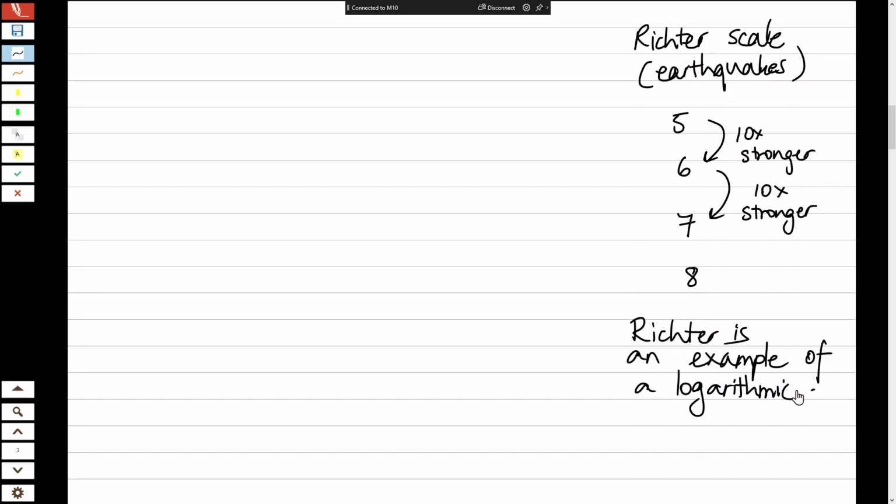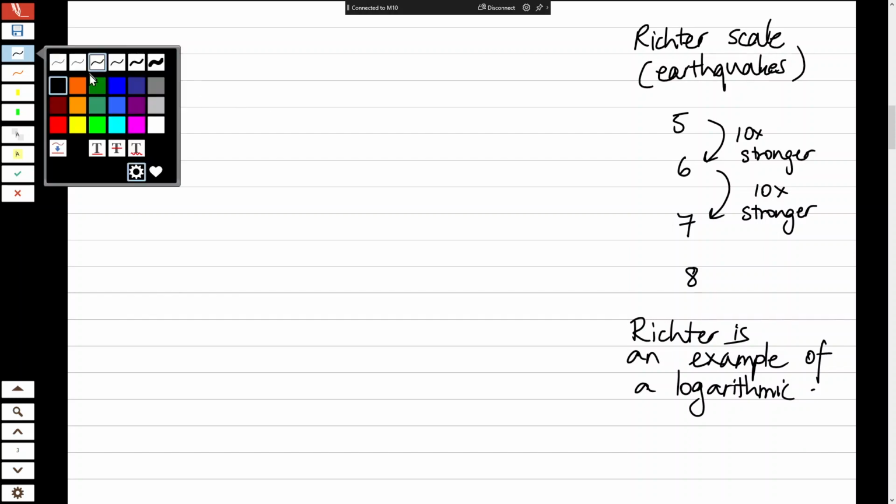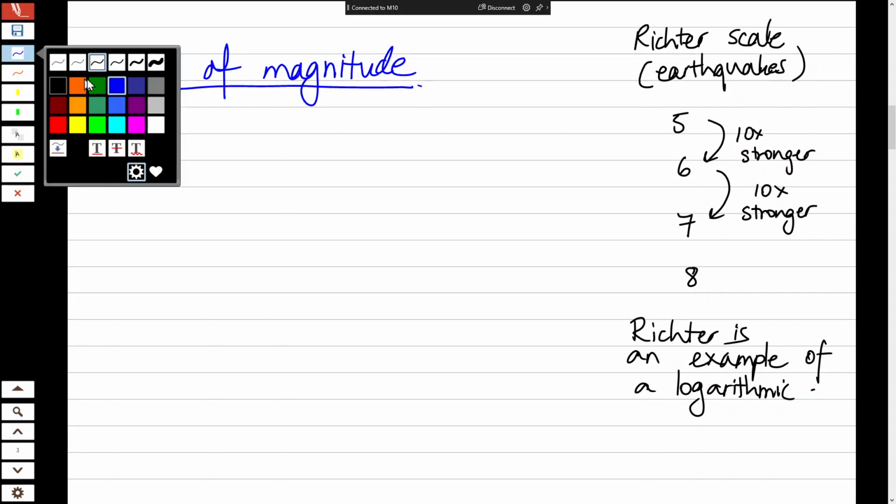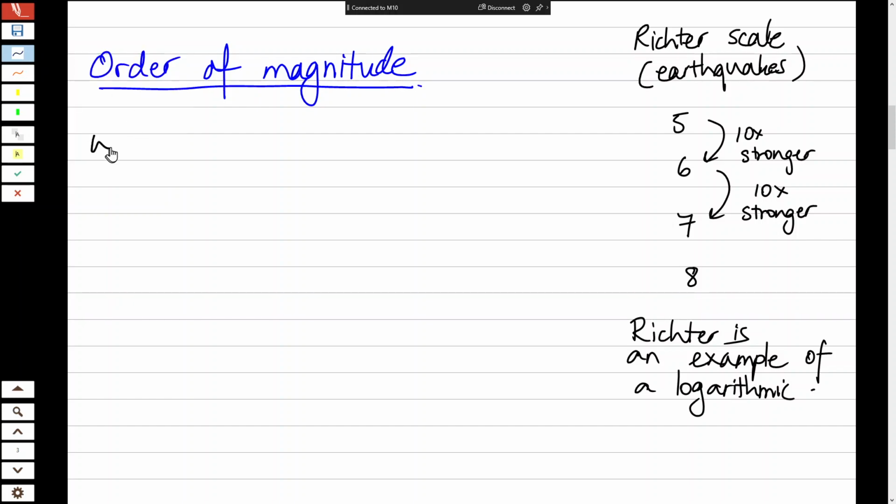All right. So I'm going to define something called the order of magnitude. So a question you might be asked is, what is the order of magnitude of the number?